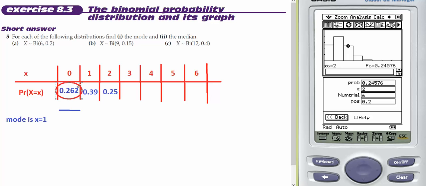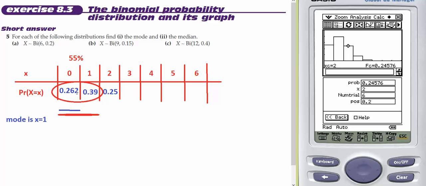If I go from here to here, the probabilities are these two, which is 0.262 plus 0.39, therefore 0.55. So 55% of the distribution is from 0 to 1, which means there's only 45% from 2 through to 6.